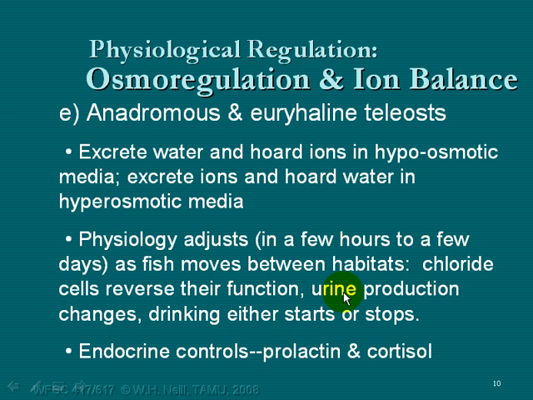They've already moved out into marine systems and they're still producing a lot of urine, and they're drinking when they shouldn't when they're in freshwater. They overlap the drinking and the urine production functions. So I don't know if anybody's explored those ideas.